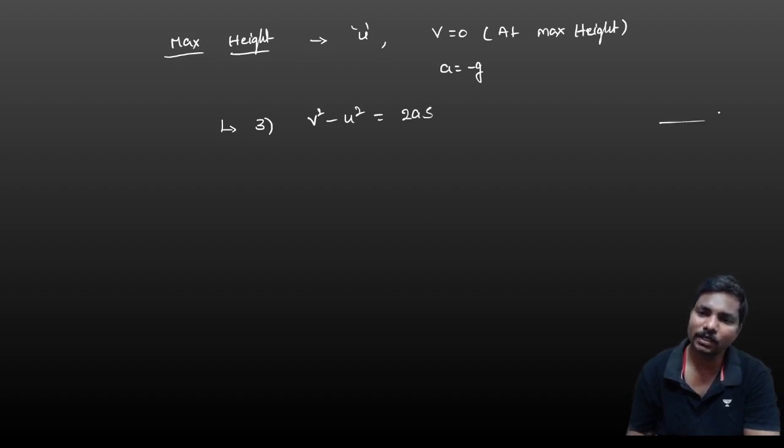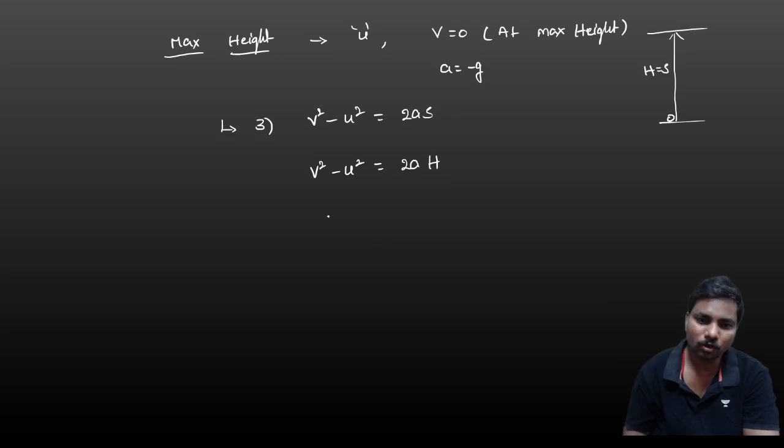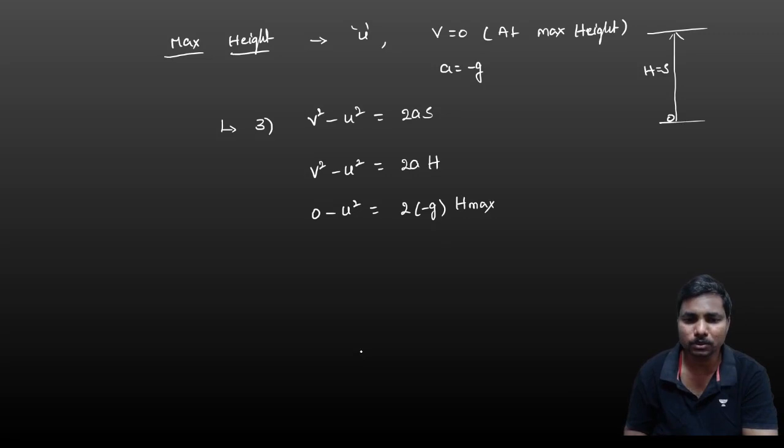Whatever height the ball travels, that is the maximum height, so h is equal to s. In this case, v square minus u square is equal to 2ah. If you want the maximum height, v is equal to 0 and a is equal to minus g, then h becomes maximum. h becomes maximum whenever v is equal to 0.